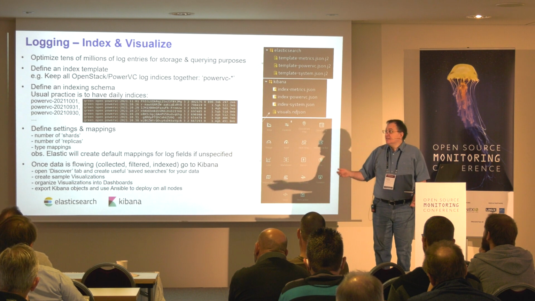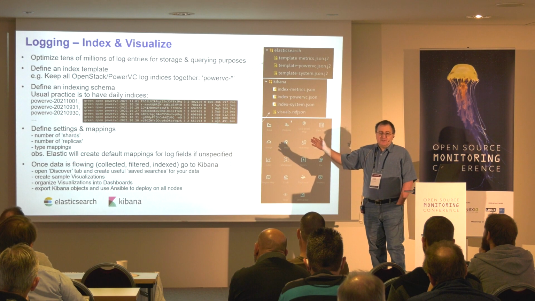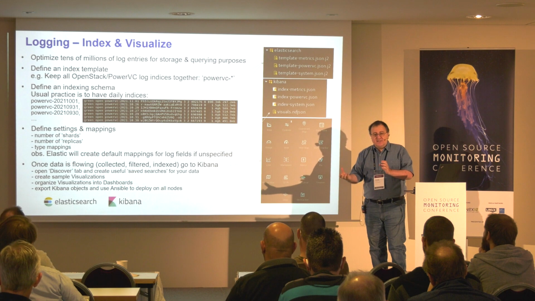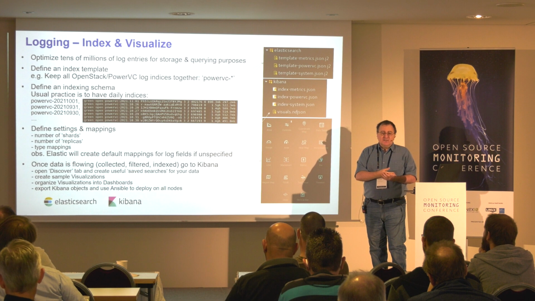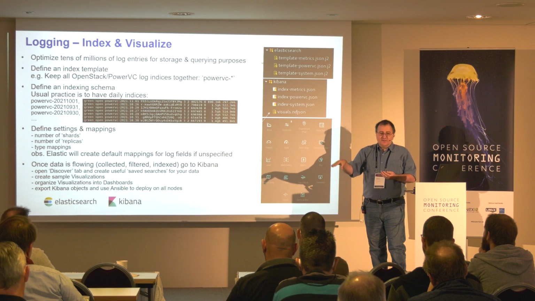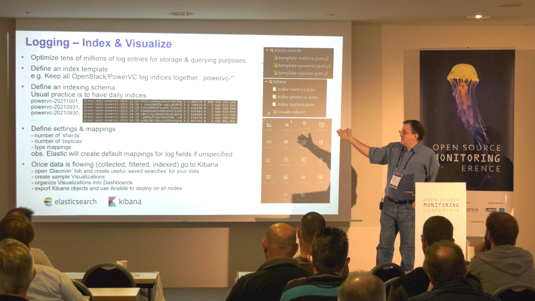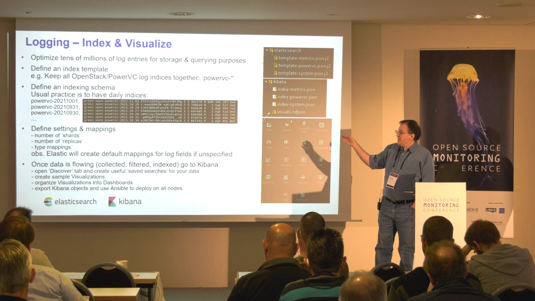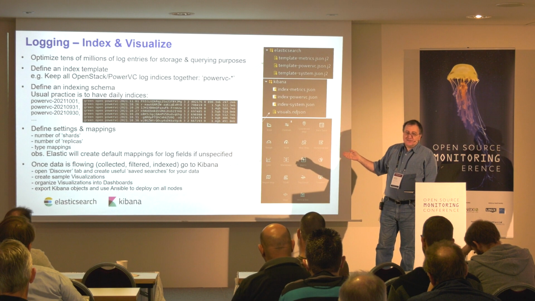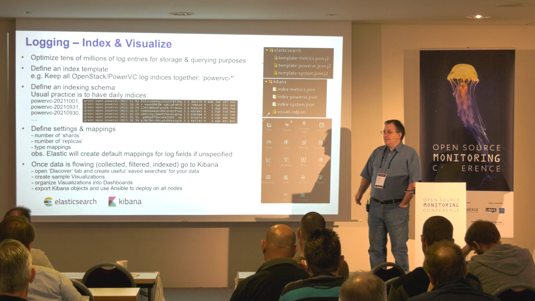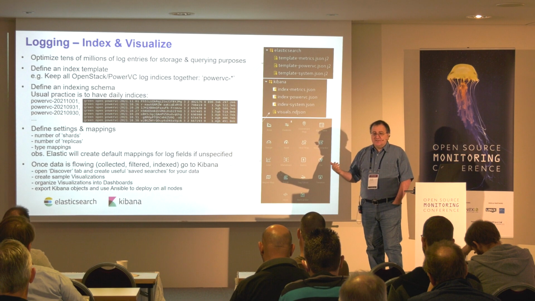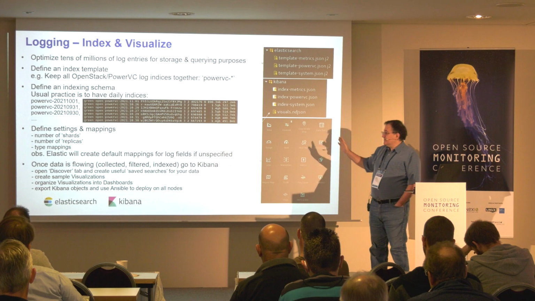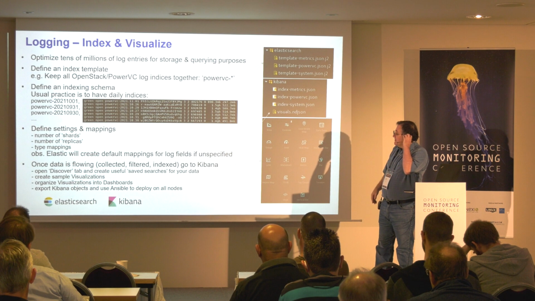But usually what you see out there, especially in the OpenStack implementations that integrate with Elasticsearch, is that they assume indexing templates based on daily indexes, which I guess a lot of applications that use Elastic today do. So there's nothing new here. We do the same thing. That's the point of this slide.